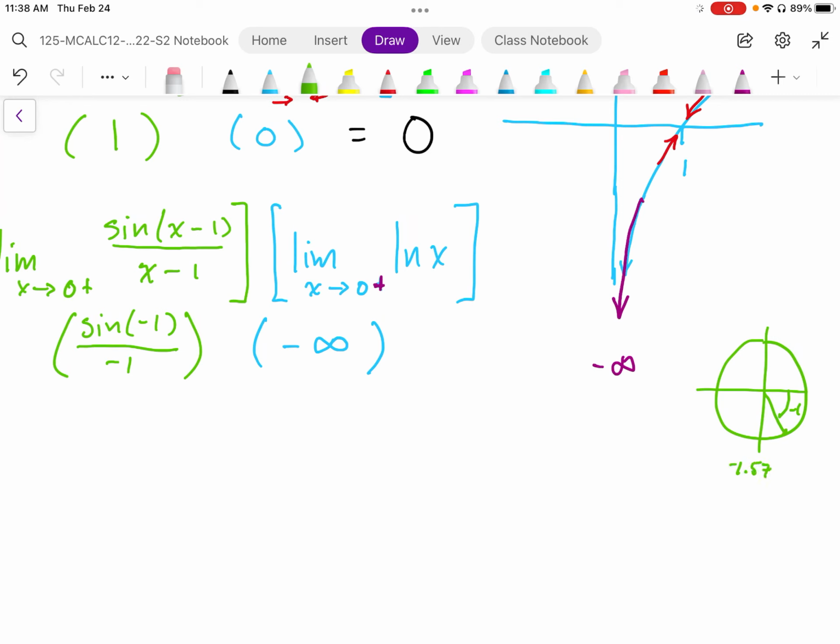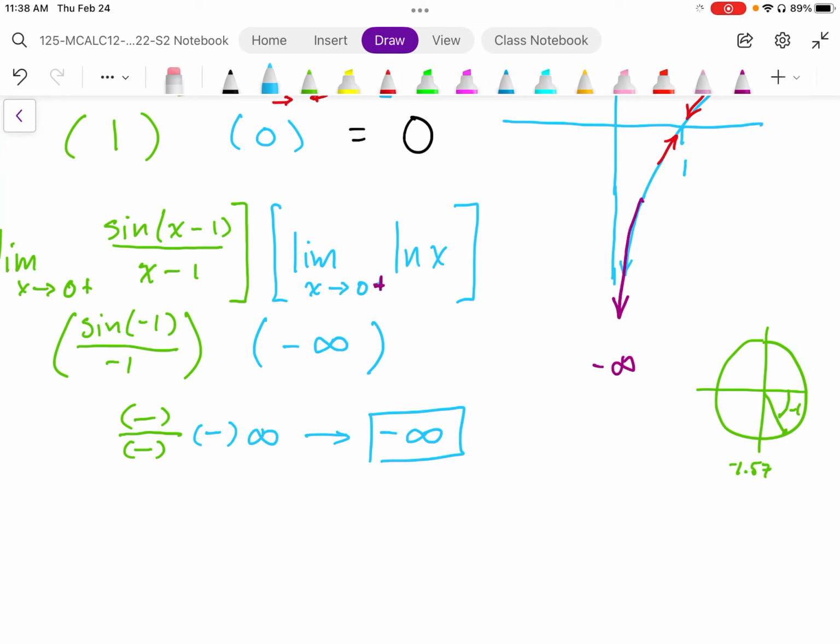So that means that the sine value is negative. So in the numerator here, we have negative. What I'm doing here is just checking the signs. In the denominator, it's going to be negative 1, so it's negative here. And then we have negative infinity. So the limit will be negative infinity.